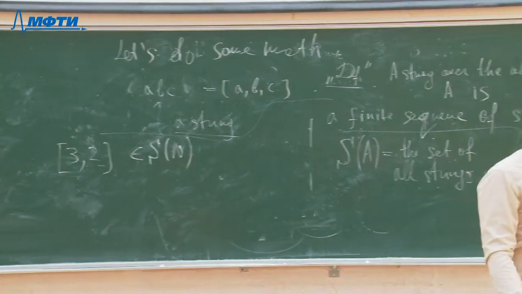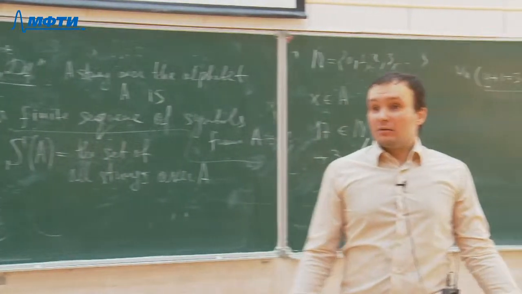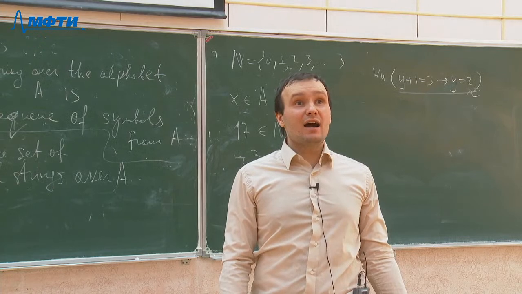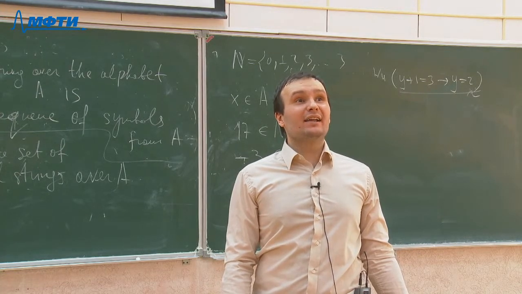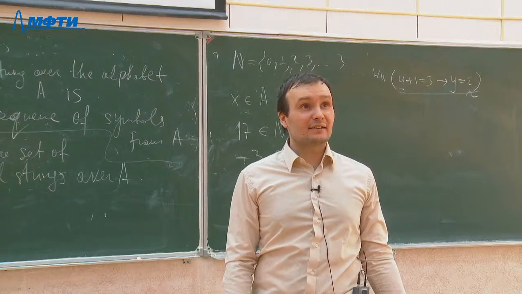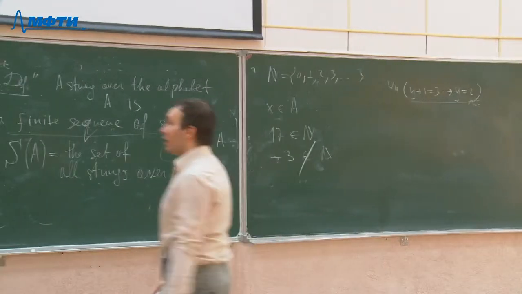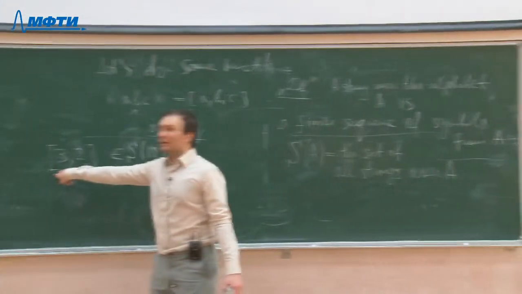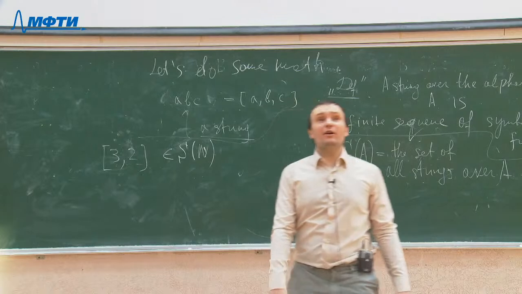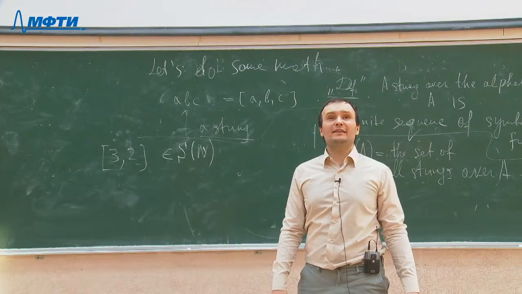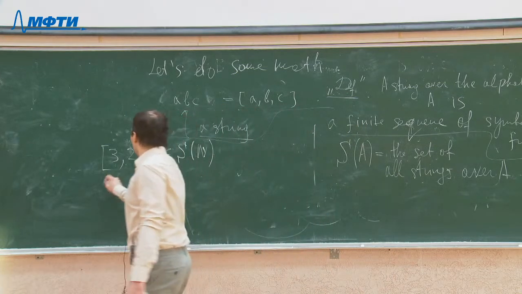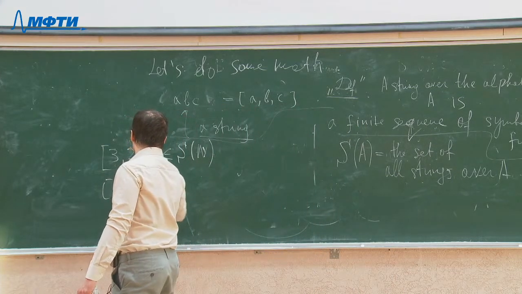By the way, is it intuitively clear what the length of a string means? Length. How long is it? So, what is the length of this string? 2. But can you give me a string with length 3? 1, 2, 3. That's it.